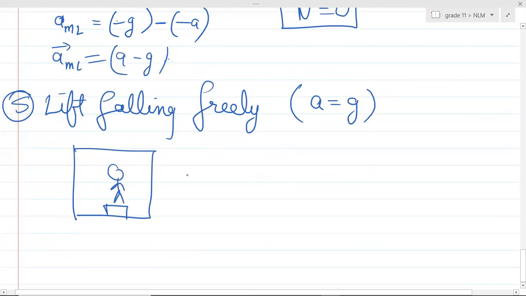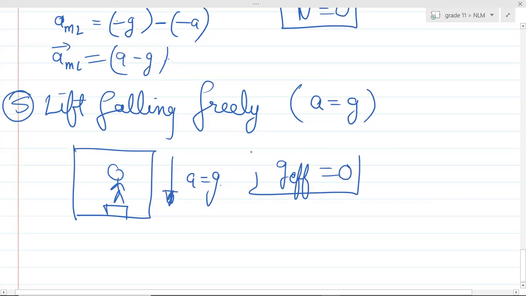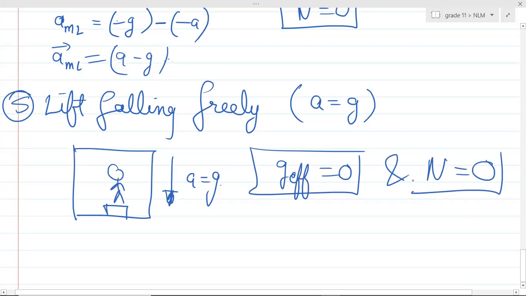If the lift falls freely with an acceleration equal to g, even the man is falling with the same acceleration, and the lift is falling with the same acceleration, so g effective, which is g minus a, becomes 0, and the normal reaction also becomes 0.